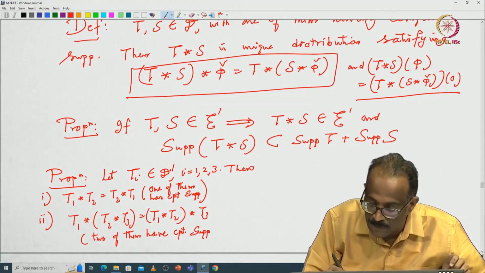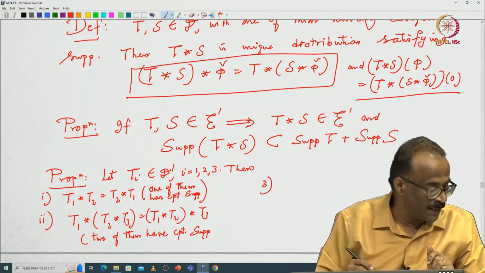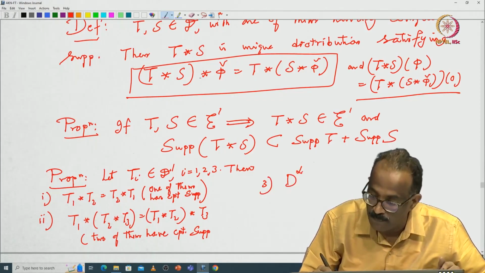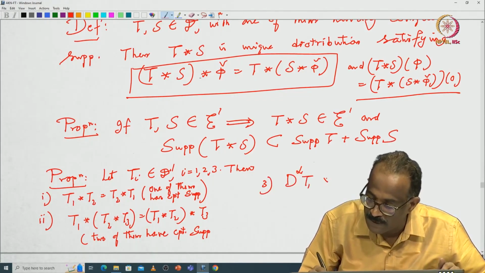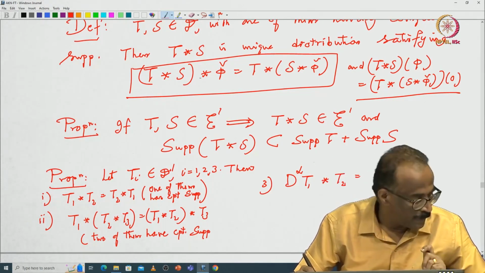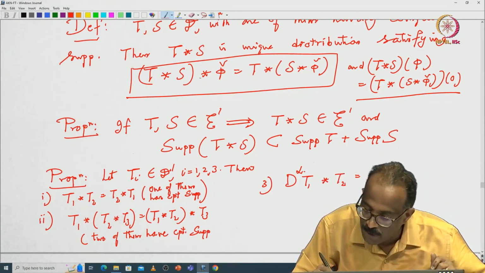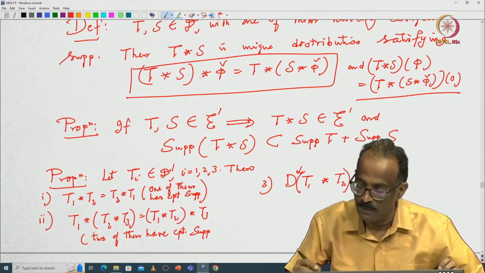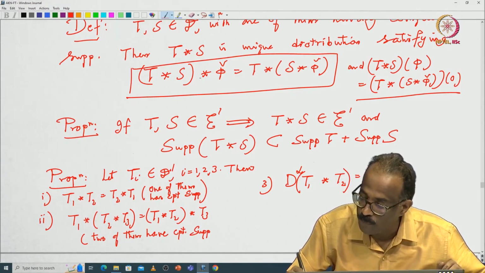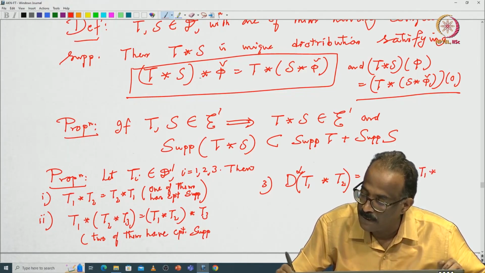And the third thing, the important thing again, you have D power alpha of T1 star T2 is equal to, or T power alpha of T1 star T2 is equal to, you can put the derivative anywhere you like, T2, that is equal to T1 star.